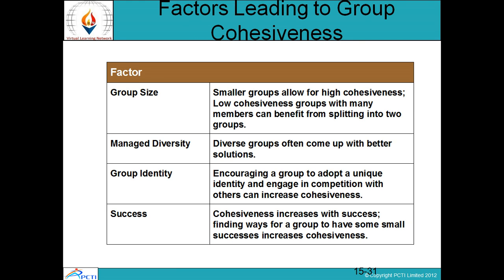There are different factors which lead to group cohesiveness, and the factors include group size, managed diversity, group identity, and success. Group size basically means smaller groups allow for high cohesiveness.